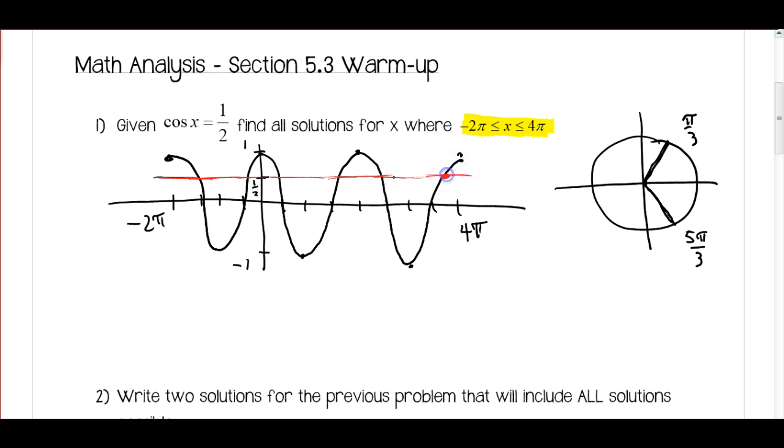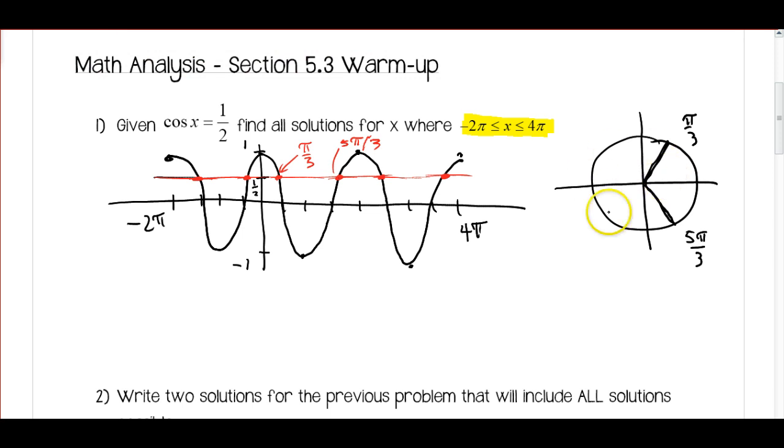I should have 6 spots where I have solutions. So these are just the 2 spots right here and here. This is my pi over 3, and this one is my 5 pi over 3. So I need to find the other 4.